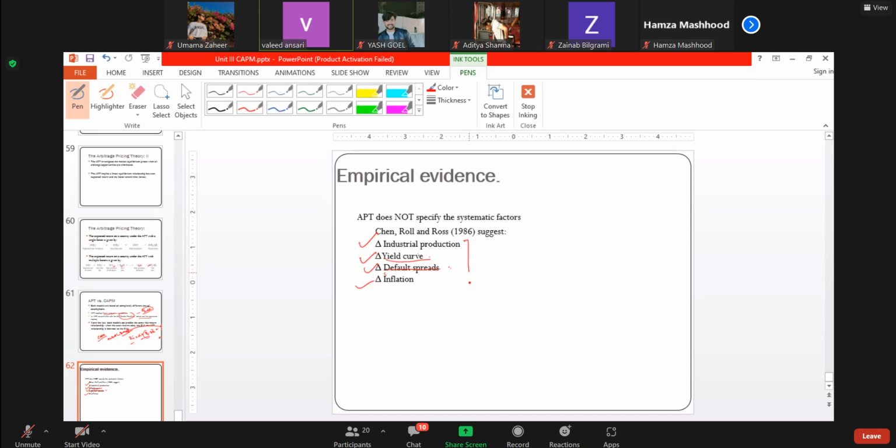They suggested that four factors may be there, but left it for empirical studies to find what these systematic factors, the common influences that affect all the securities, are. There is no consensus as such now, but we know that macroeconomic factors affect the securities.